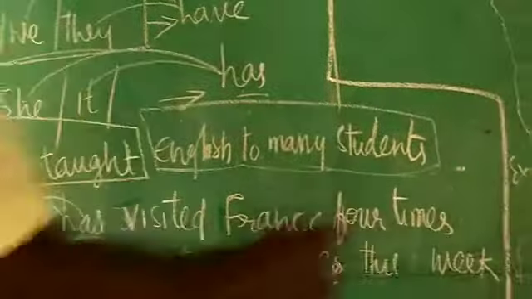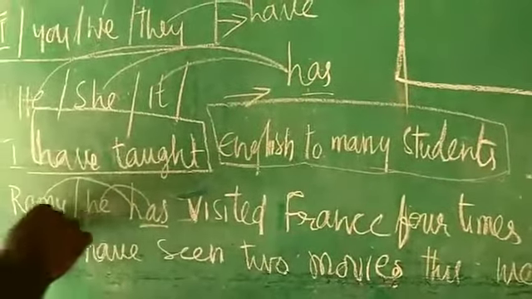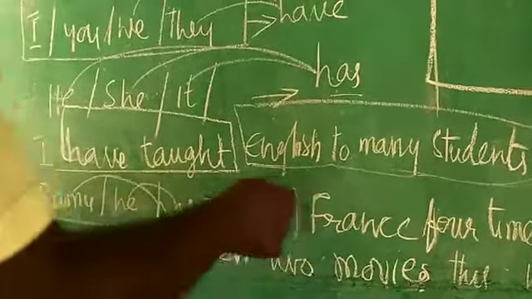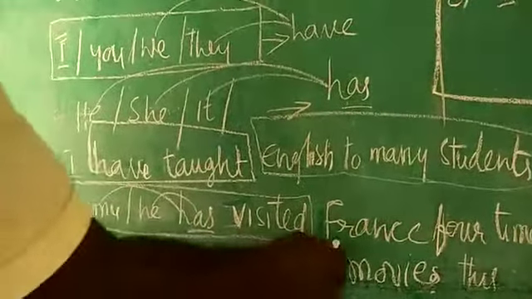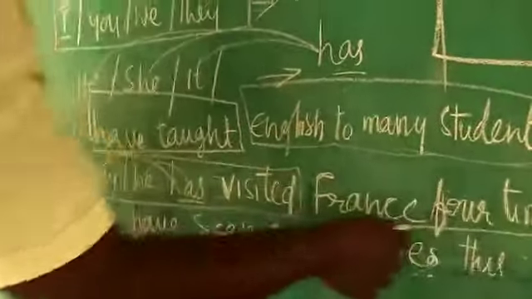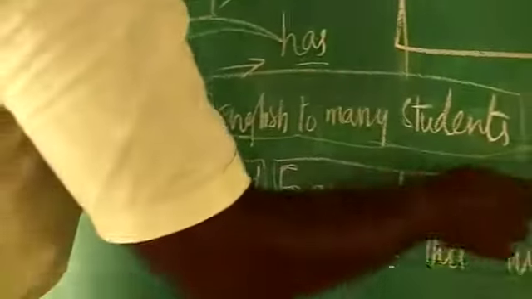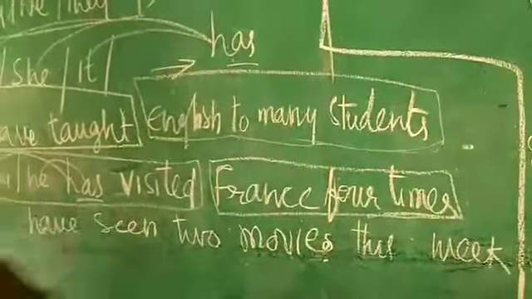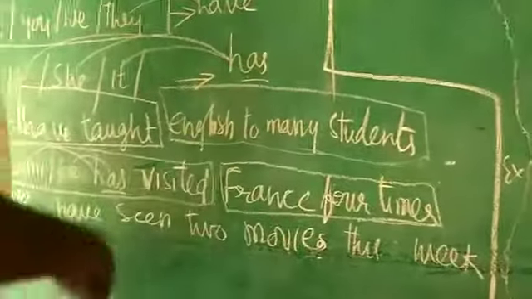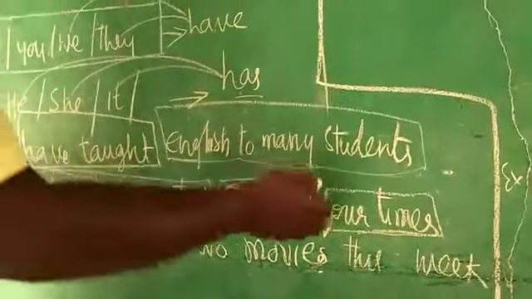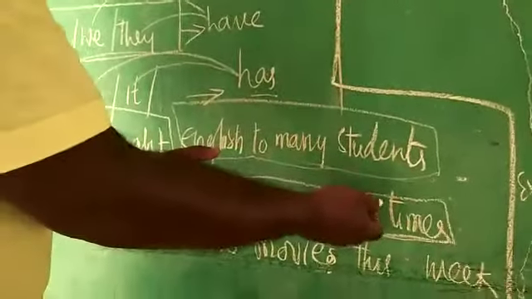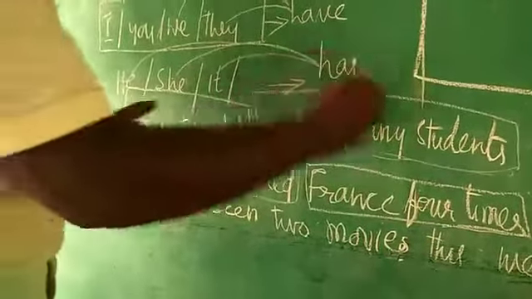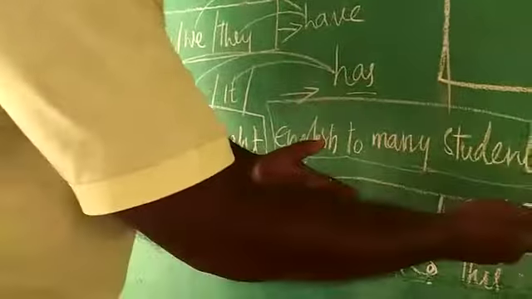Ramu has visited France four times. The action began in the past. Here, maybe he is telling his wife that he visited France, and now he is telling it to his wife. So it is true in the present. The action began in the past and it should be true in the present.